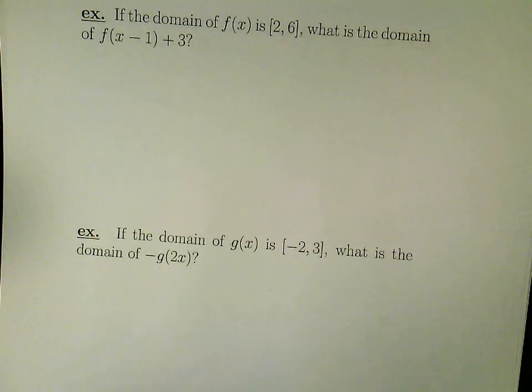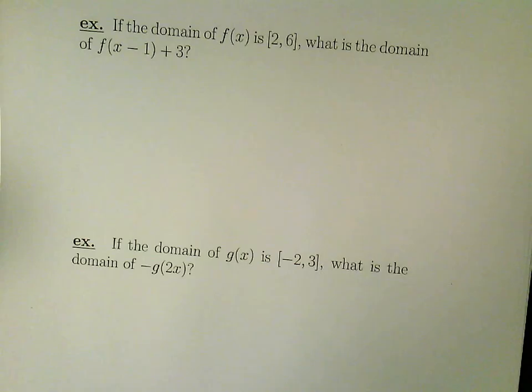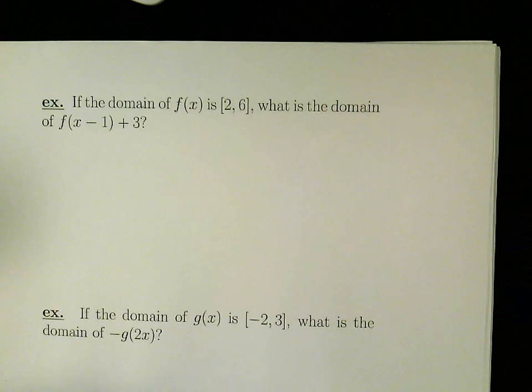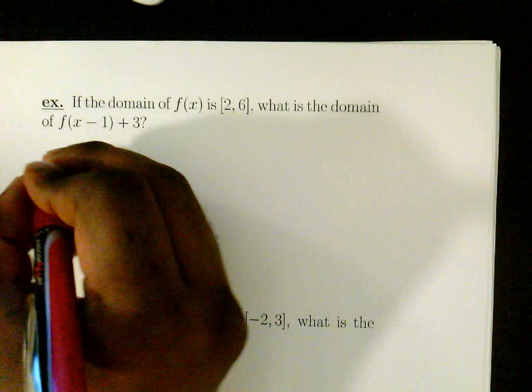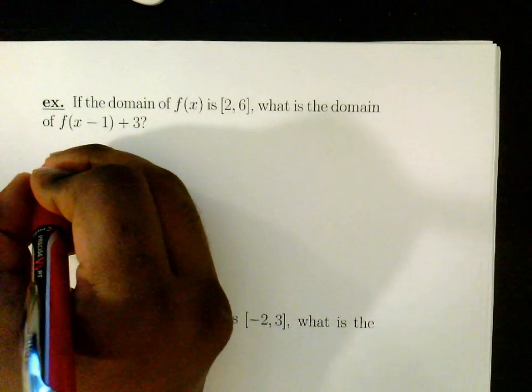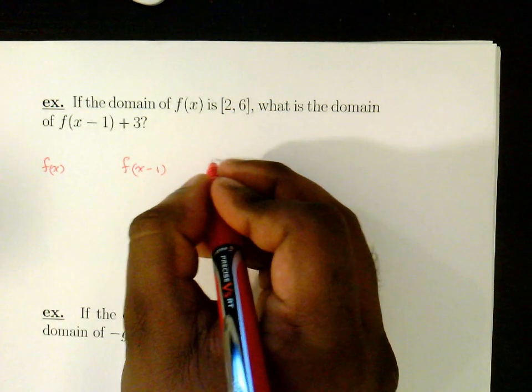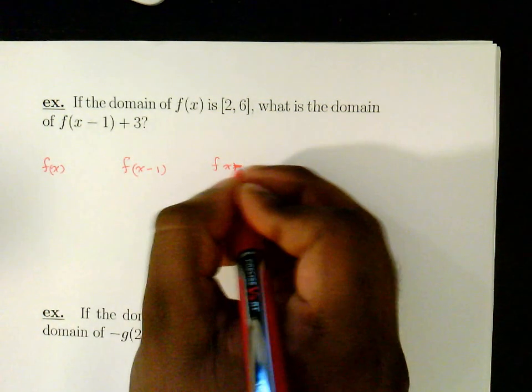these really nice examples of domains. Okay, let's think about this now. Just think of things in terms of transformations. So let's do a transformation starting from f(x), go to f(x minus 1) and then go to f(x minus 1) plus 3.